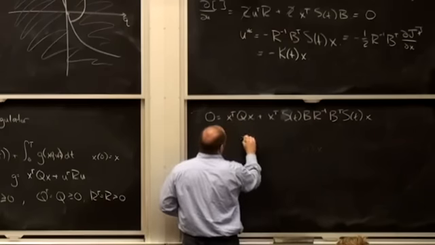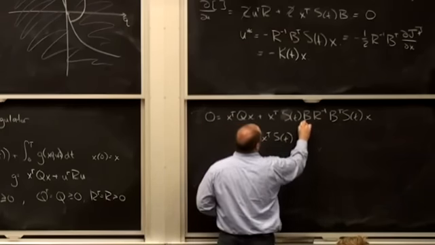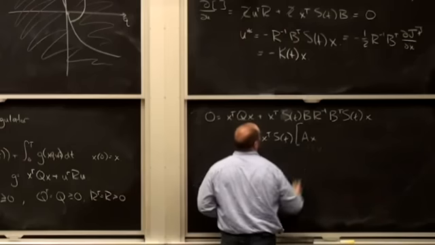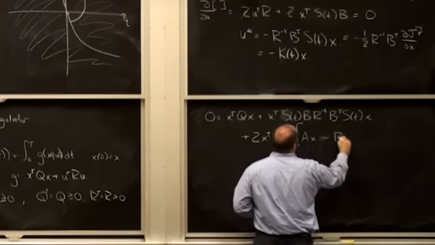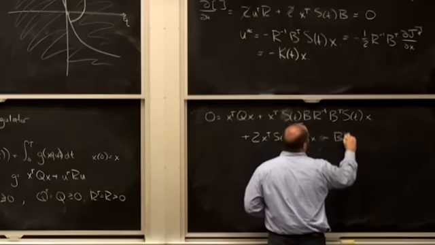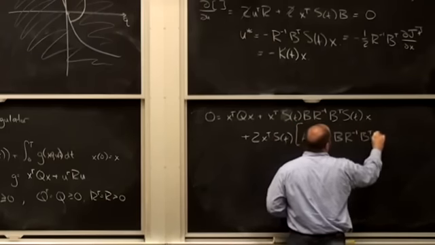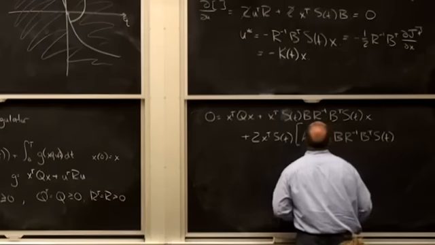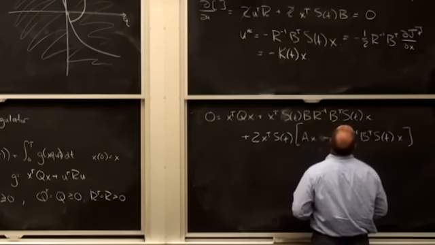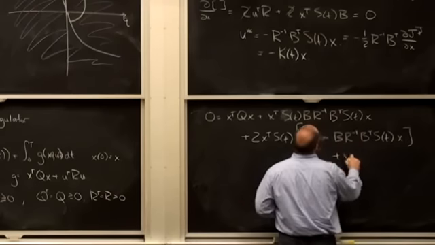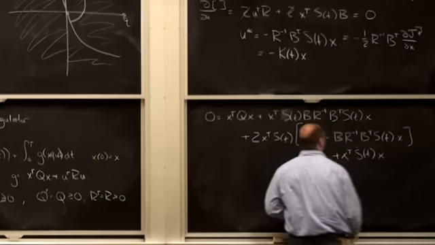And then plus 2x transpose S of t A x, plus, so minus B R inverse B transpose S of t x, plus x transpose S dot of x.